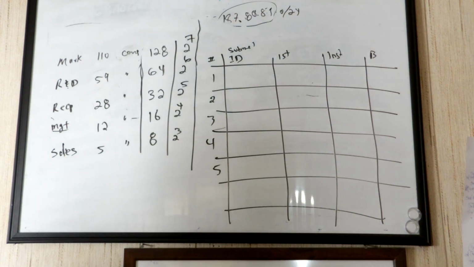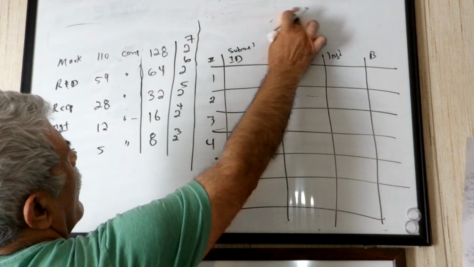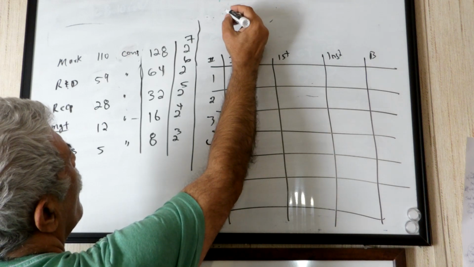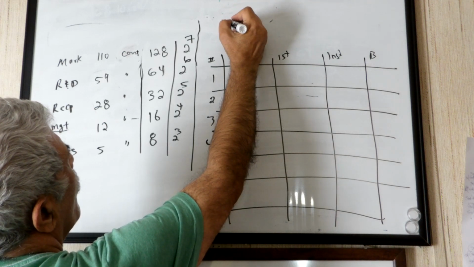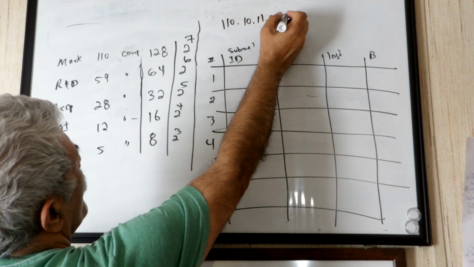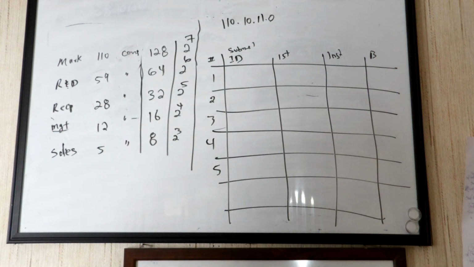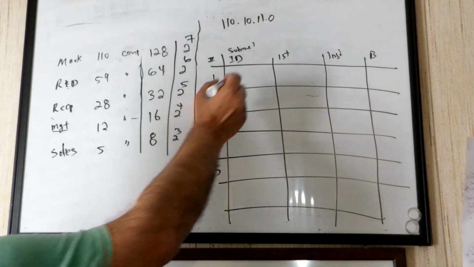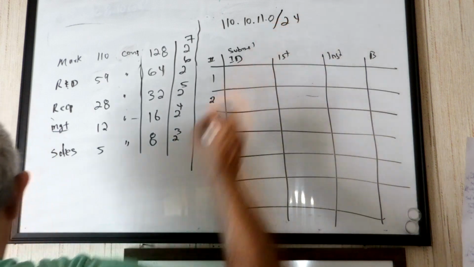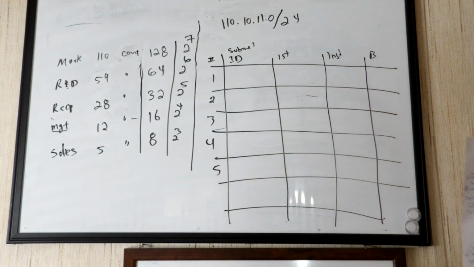This is an example. Say they give you this network, 110.10.11.0, and then they ask you to subnet this. We use VLSM.